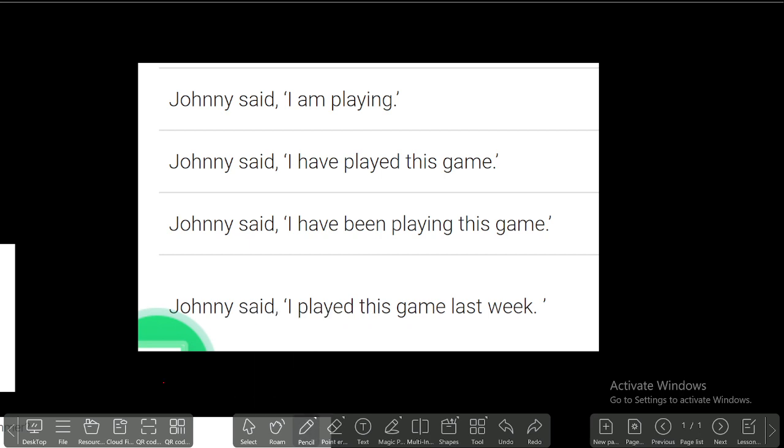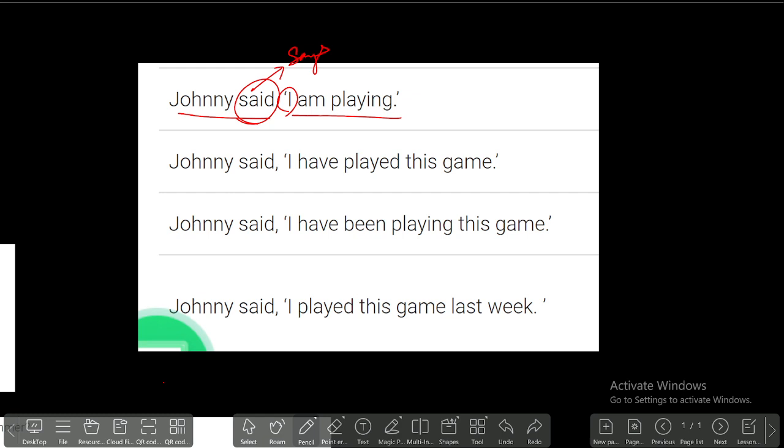What is the very first one, my dear? Johnny said, "I'm playing." Is it a present form or past form of the reporting verb? Past form. So what should be our answer? Johnny said that he was playing. Instead of "said," if they have given the present form of the reporting verb.